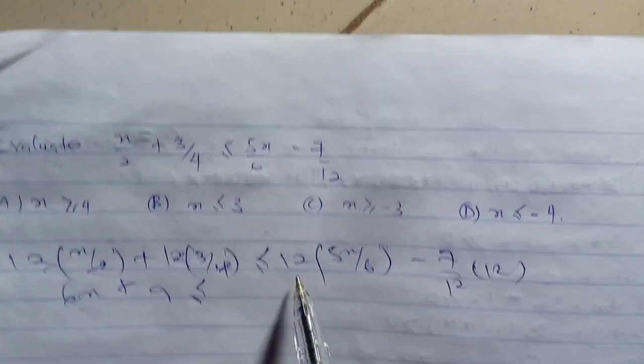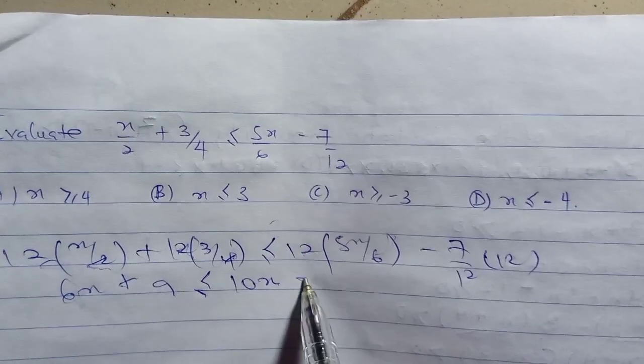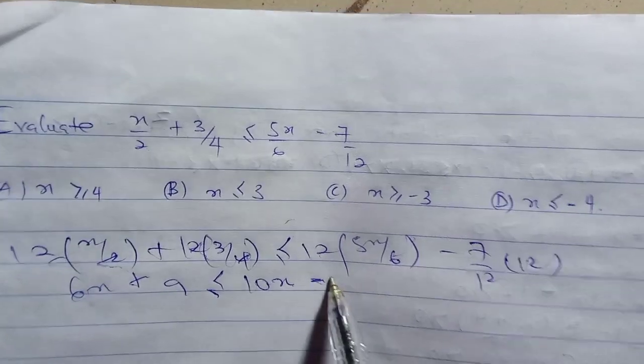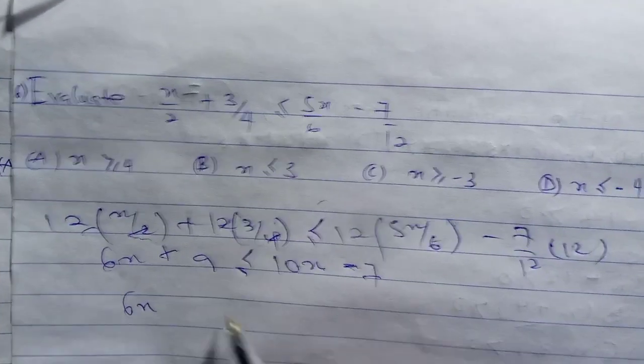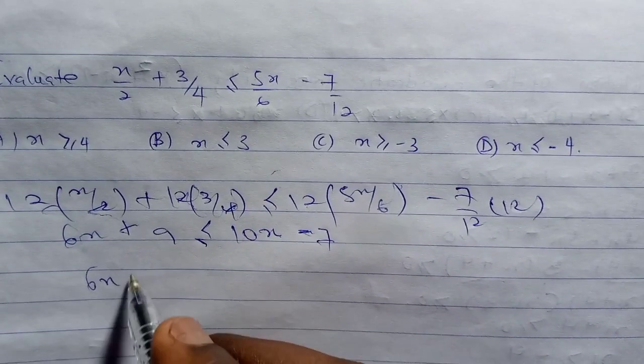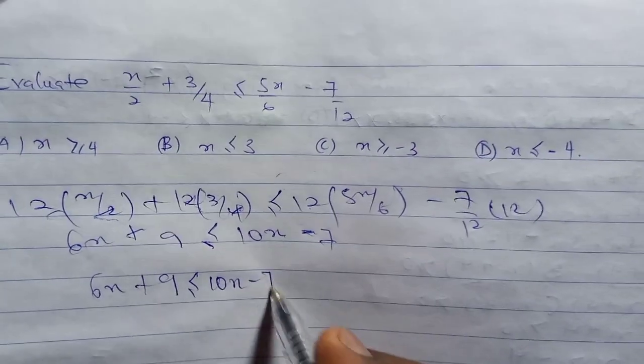Here we cancel 12 twice, so 2 times 5 is 10x, minus 12 cancels 12 once, so 1 times 7 is 7. So we have 6x plus 9 less than or equal to 10x minus 7.